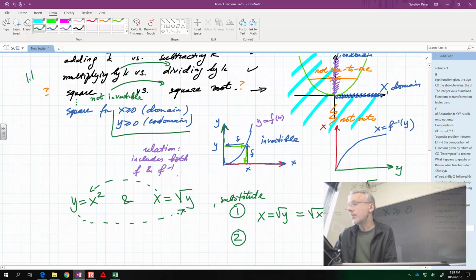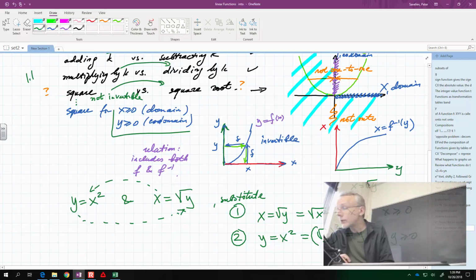For the opposite substitution, we have y is equal to x squared, and it is equal to square root of y squared, and it is equal to y. As you can see, the beginning and the end are the same.